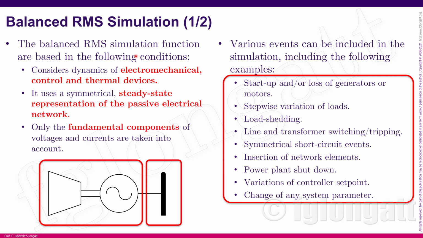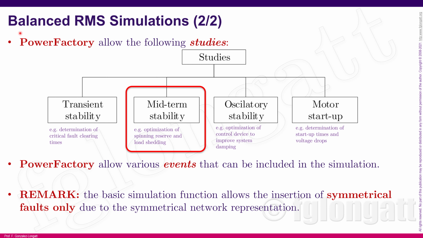Okay, what you need to remember is that every electrical variable will be represented by RMS values, and what you need to understand is that the network that we are considering is symmetrical and balanced, and as a consequence we are using only the positive sequence. Okay.